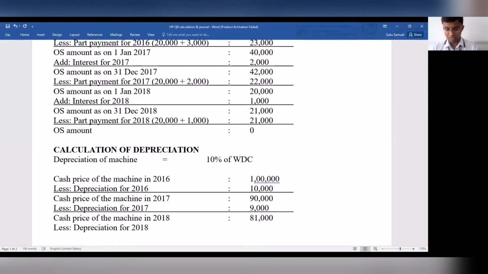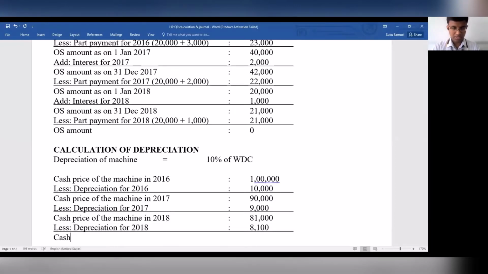So 10% of this, that will be 8,100. So this works out to be 72,900.